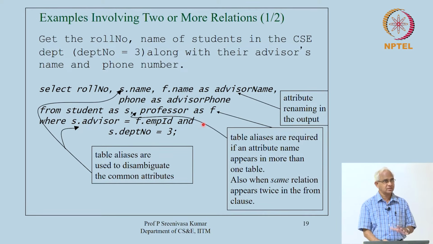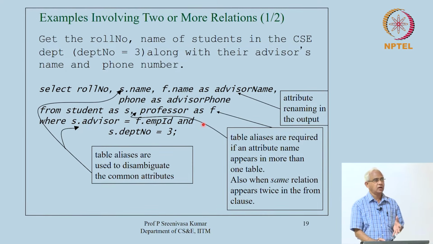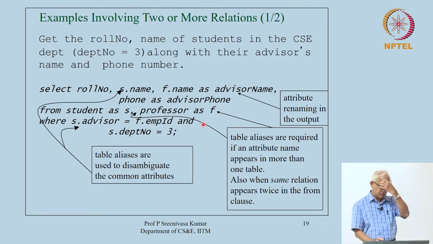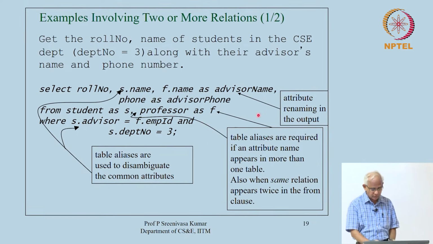So, that is the essential difference between the procedural way of expressing queries and the declarative way of expressing queries. I suppose all these points are clear from this slide as to what we are doing here.